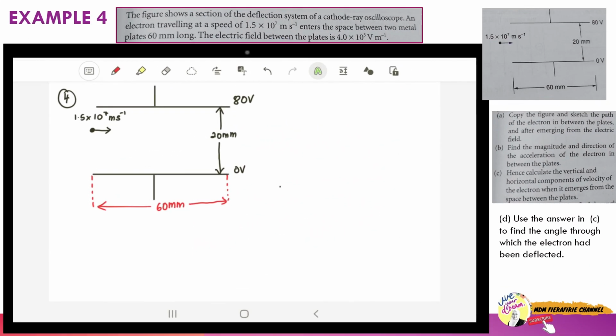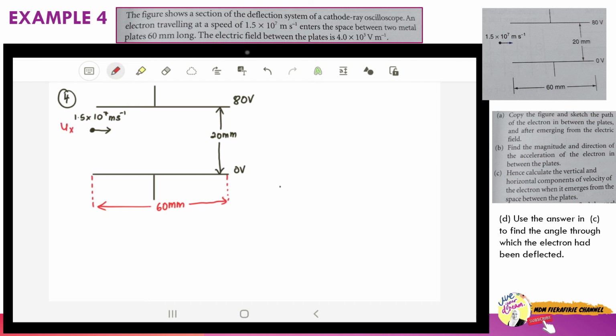Now let's look at example number 4. This example gives you a diagram showing a section of the deflection system of a cathode ray oscilloscope, and an electron traveling at a speed of 1.5 times 10 power of 7 meter per second. So it's given that here is the ux value.